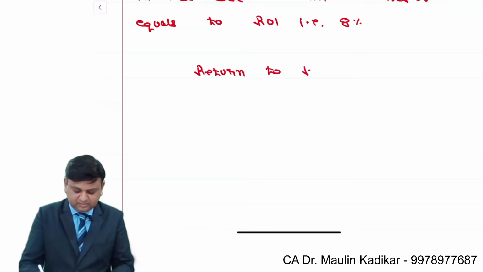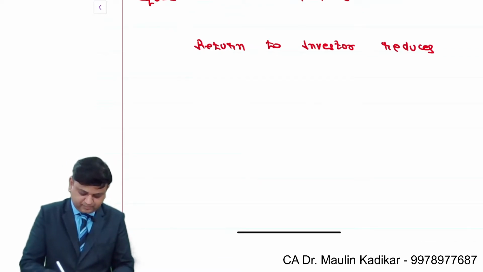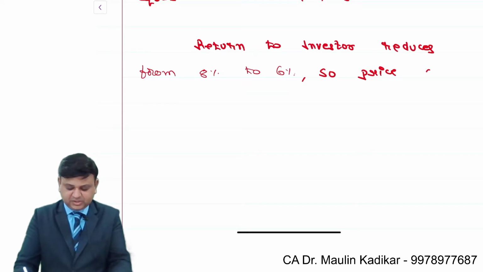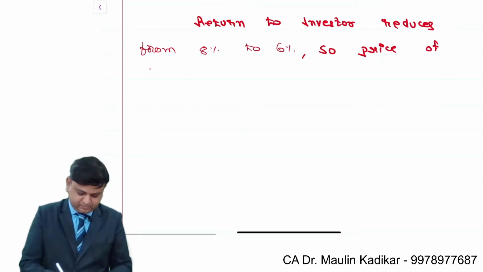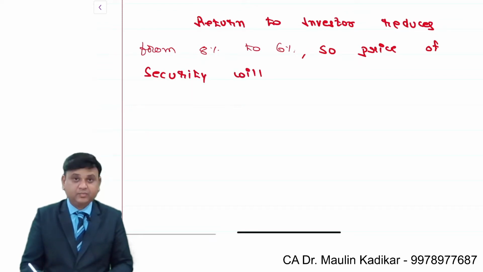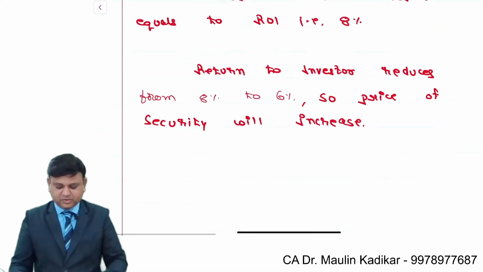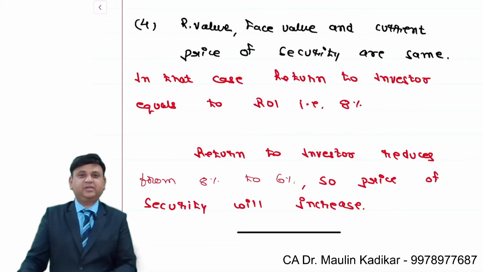Return to the investor reduces from 8% to 6%, so the price of the security will increase. Full stop. That is the way we are required to write the answer.